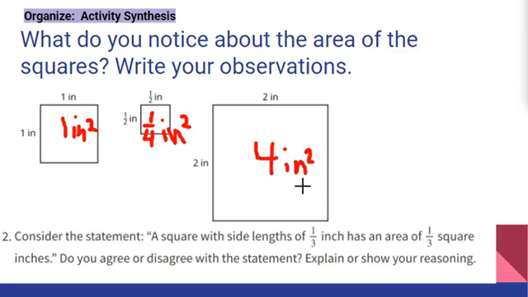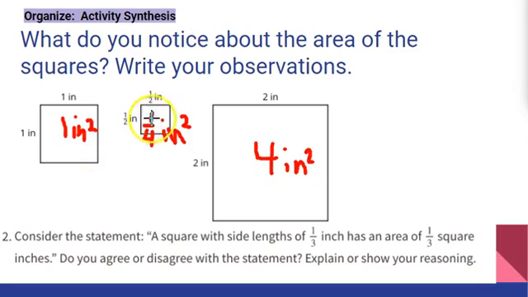Okay, how does this make sense though? Well, if this is 1/2 on one side, 1/2 on the other, when you multiply it together, you get 1/4. What does that actually mean? Well, that means that it's 1/4 of a full square inch. If I were to draw lines across here at the halfway marks, I would make 4 parts, right?